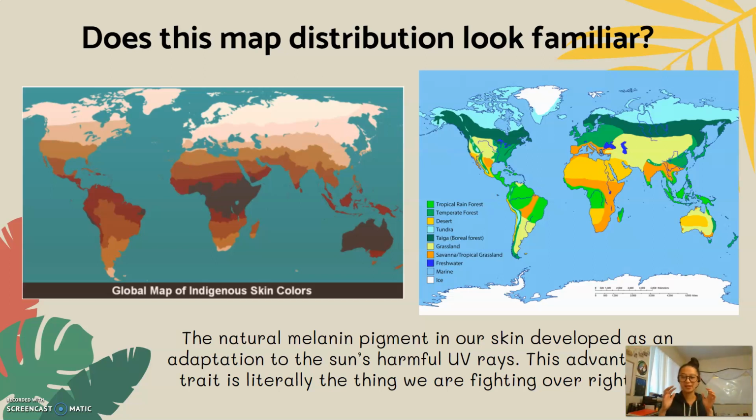And this developed many years ago, and is actually a great thing because it protects us from, again, those harmful UV rays. And yet this is the thing that we're fighting over, y'all. This is the thing. It does not even make up that much of our genetic code. It is a good adaptation, and here we are today, 2020, still fighting over it.